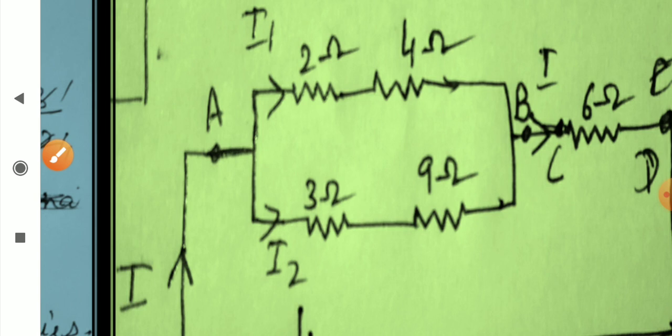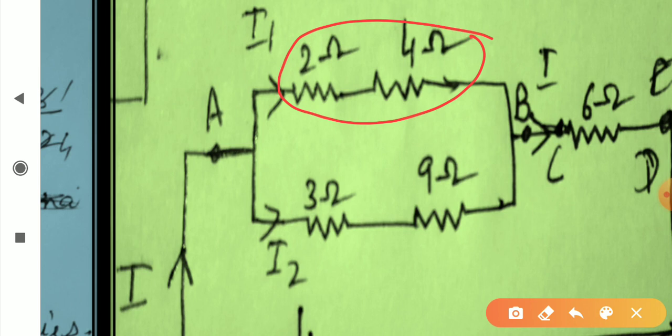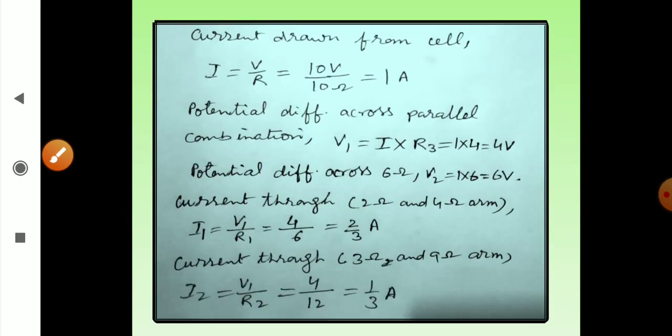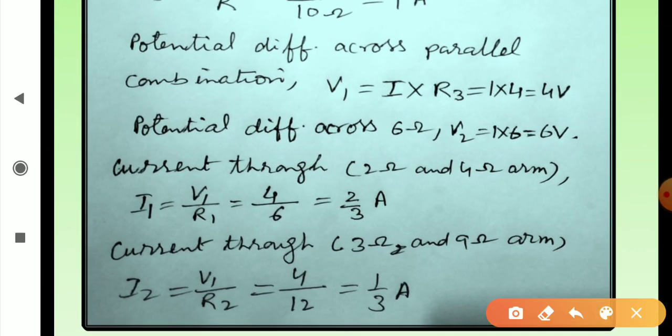So first we'll find the current through the arm containing 2 and 4 ohm, then the current through the arm containing 3 and 9 ohm. So the current through the arm containing 2 ohm and 4 ohm will be V1, that is 4 volt, upon R1, that is 6, which simplifies to 2 upon 3 ampere.